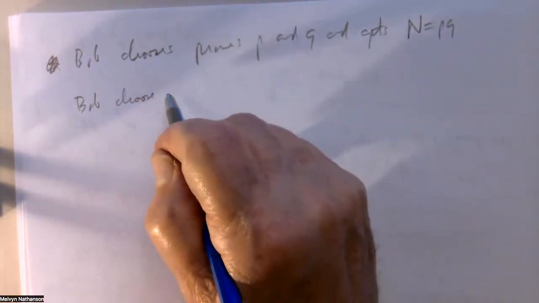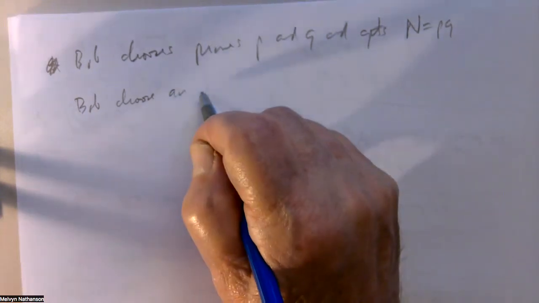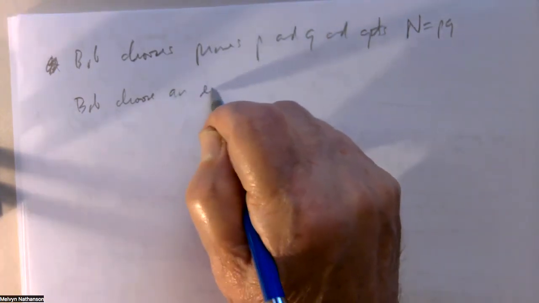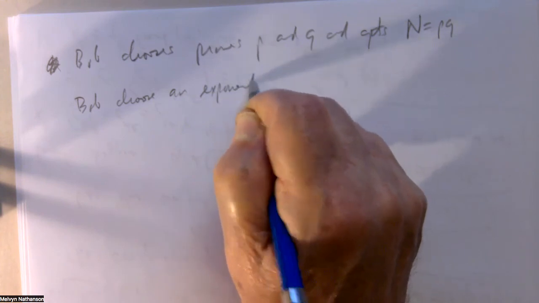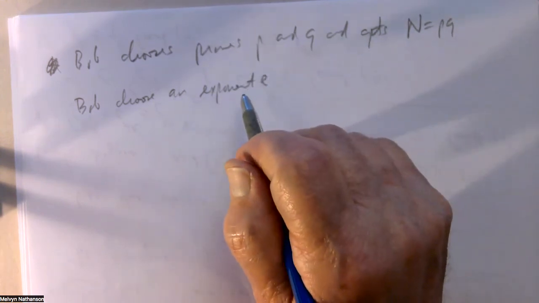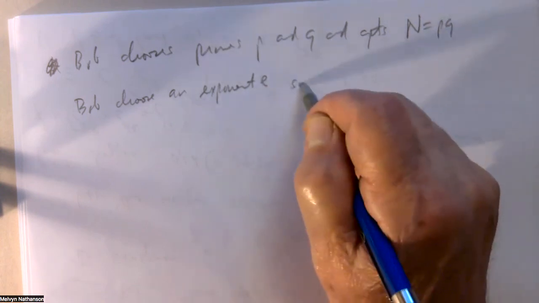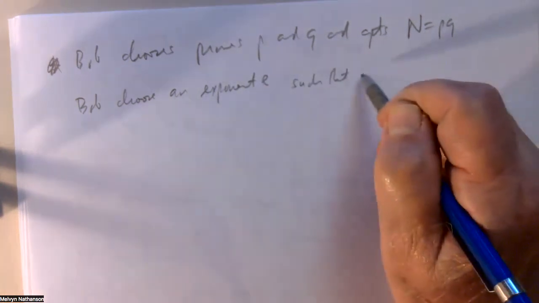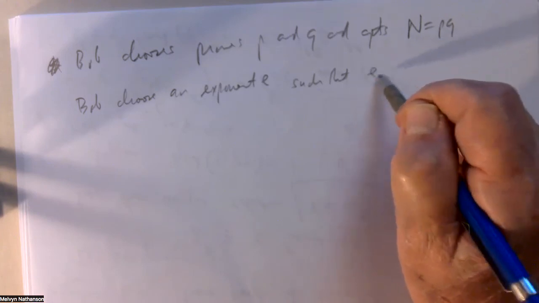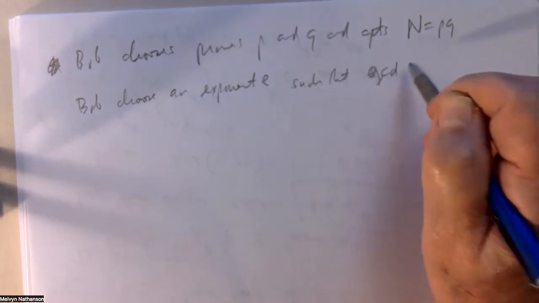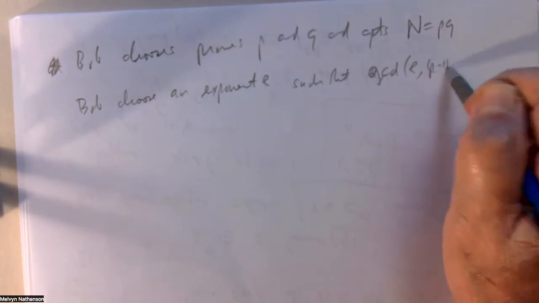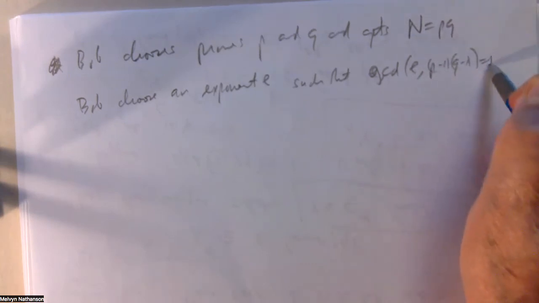Bob chooses an exponent, E, which is a number such that the greatest common divisor of E and P minus 1, Q minus 1 is 1, that is, they are relatively prime.